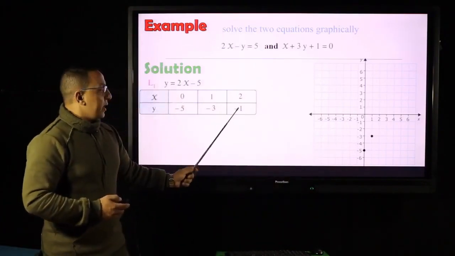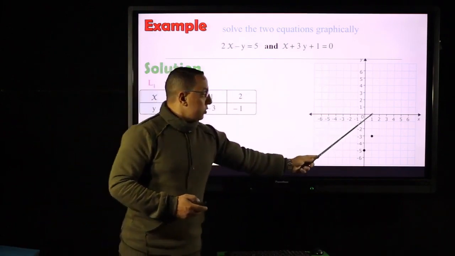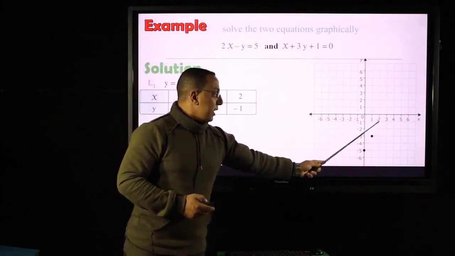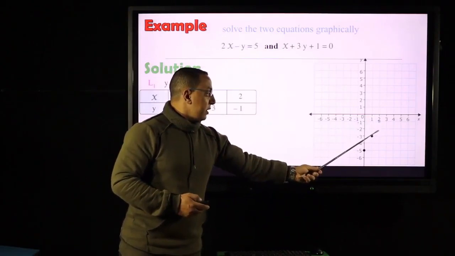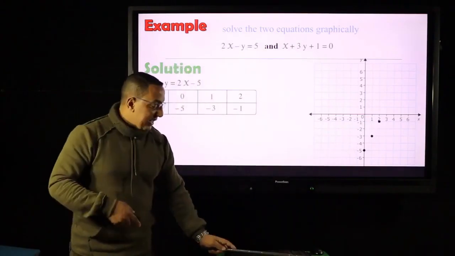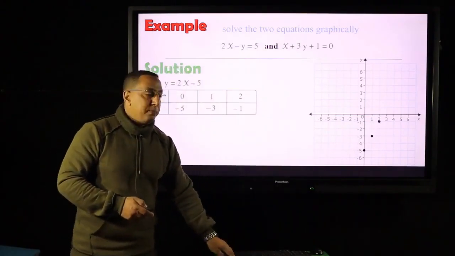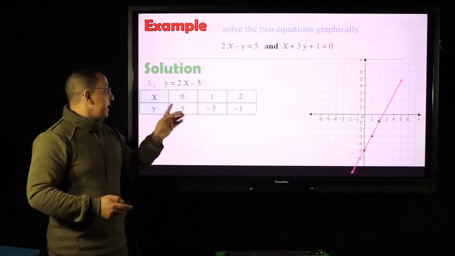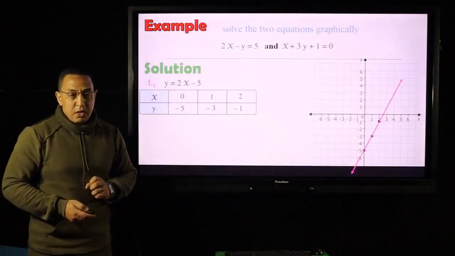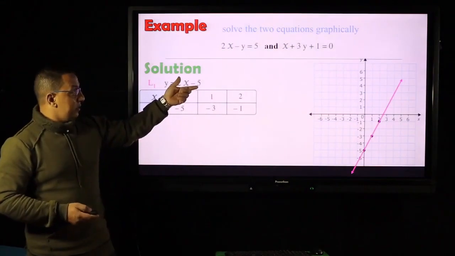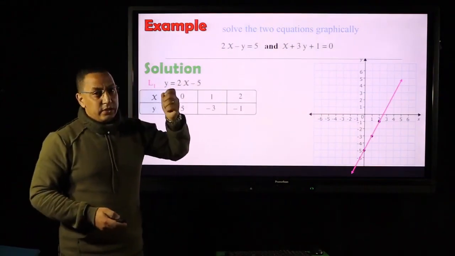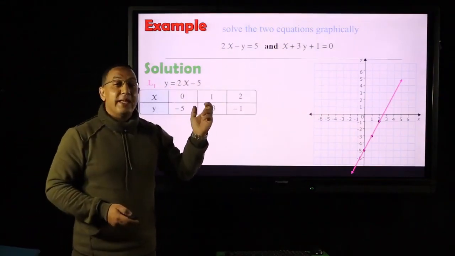And here 2 and negative 1, go right to 2 and go down to negative 1. It will be here like this. So I'm going to connect the 3 points by a straight line, and this line is L1 as I said before.